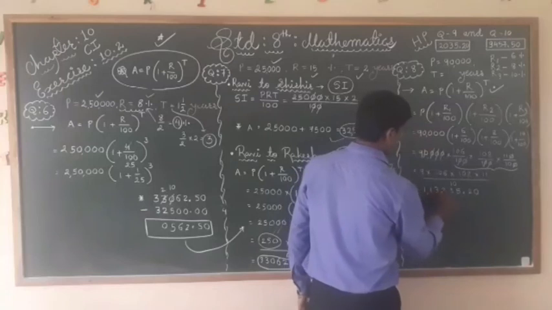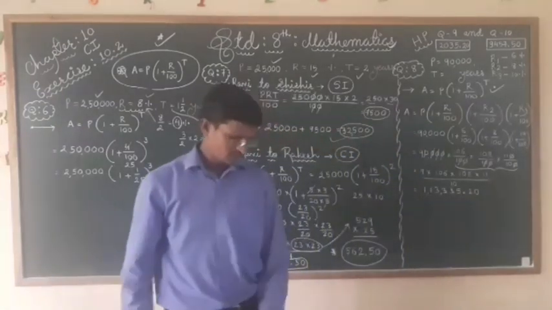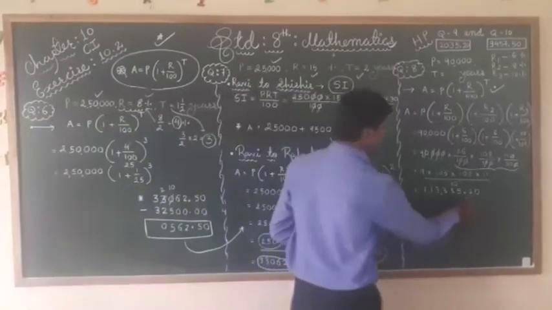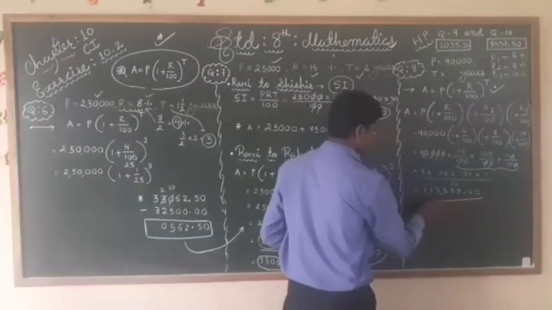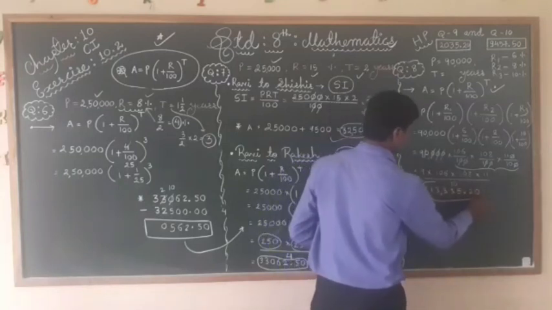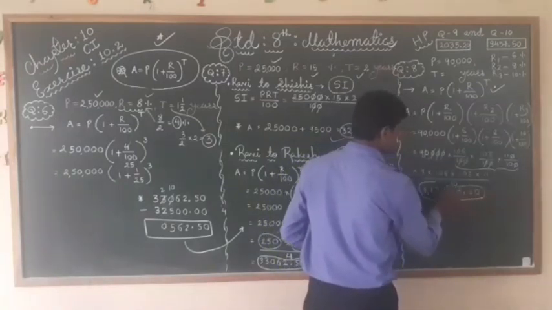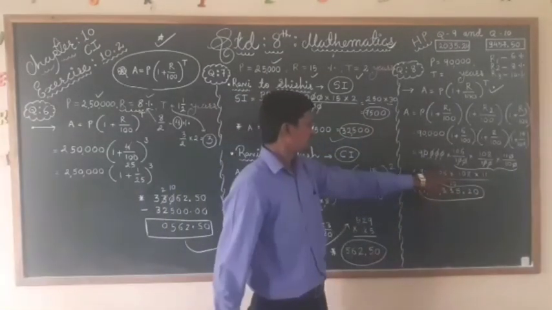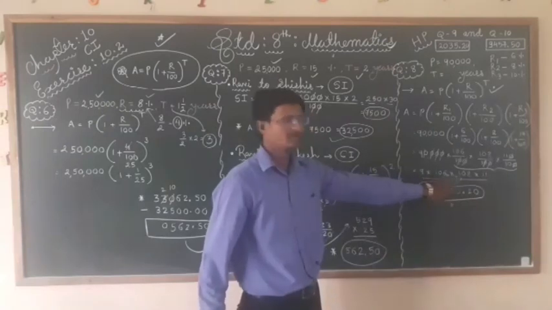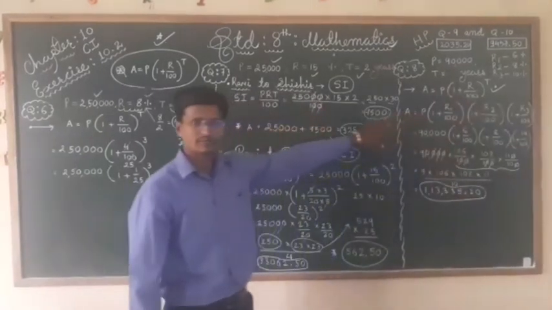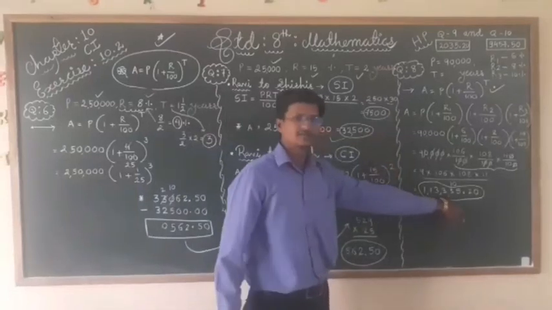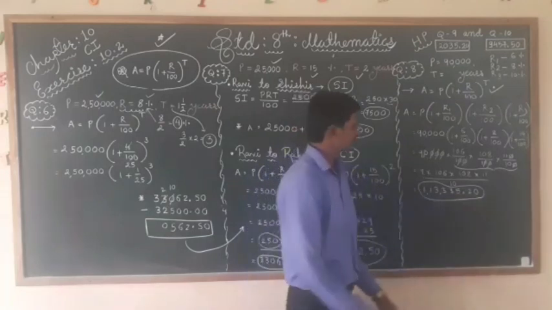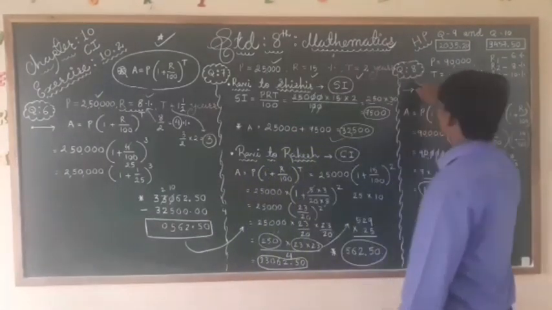So 1,13,335.20 you will get as the amount. So this is your amount. It is important, because you have to do the multiplication, and if I do it here it will take more time. So that is why I am keeping the direct answer. So it is 1,13,335.20. This is the answer of this question.